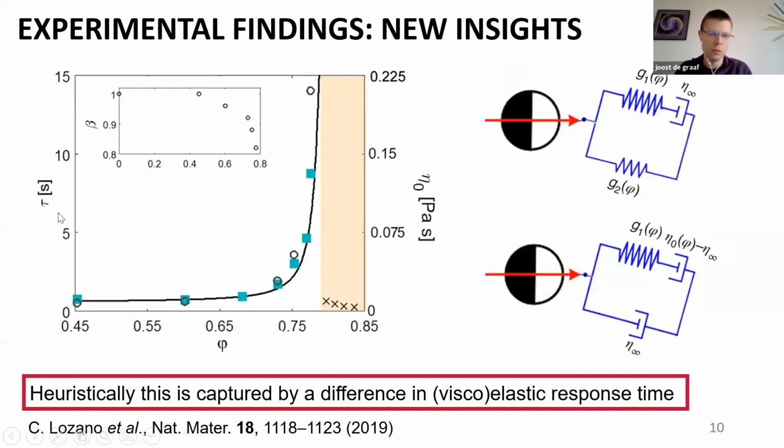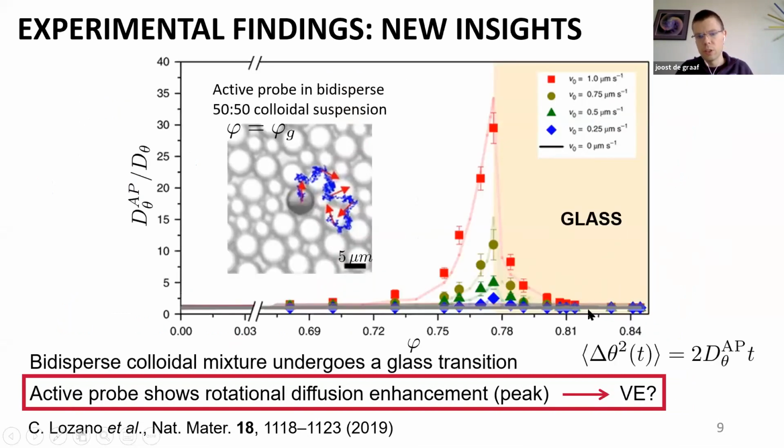And here what they have measured is this relaxation time in the fluid, and that has a different property both in the pre-glass fluid-like phase and in the more solid-like phase, and that corresponds to the difference in decays on either side of the glass transition.